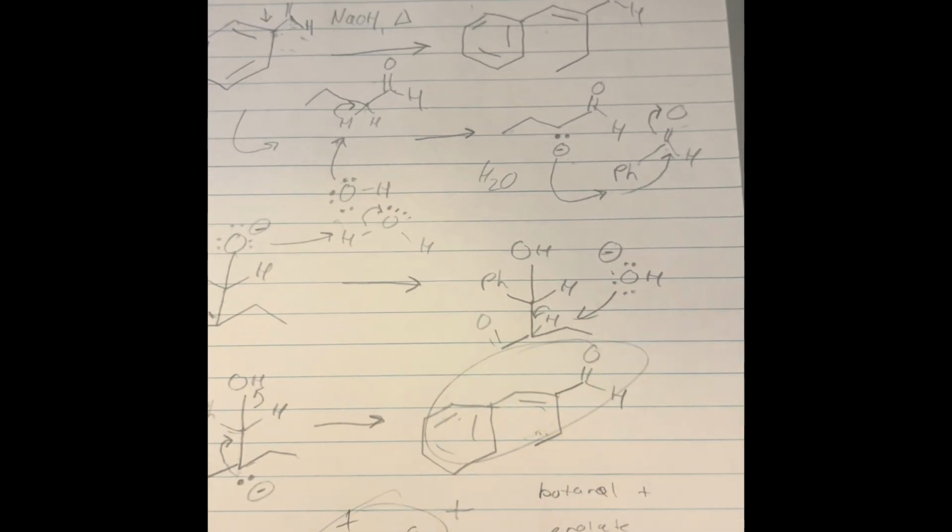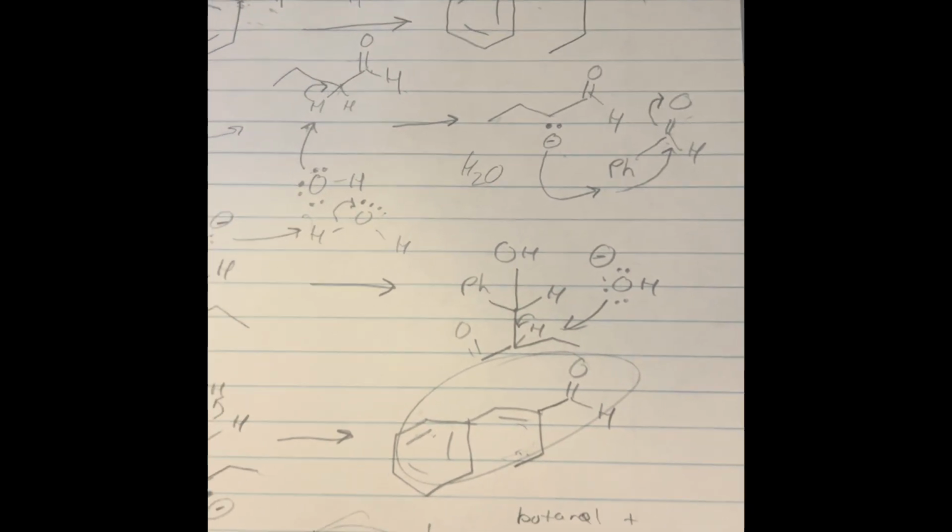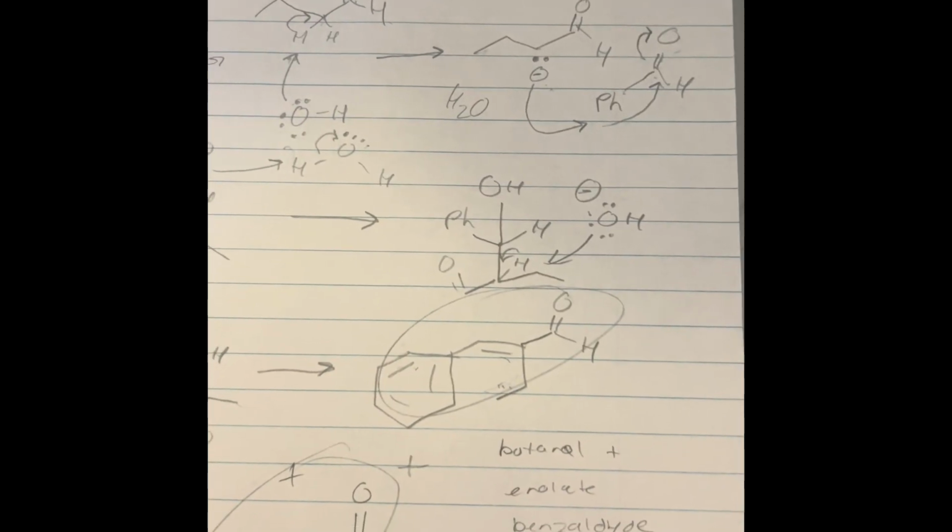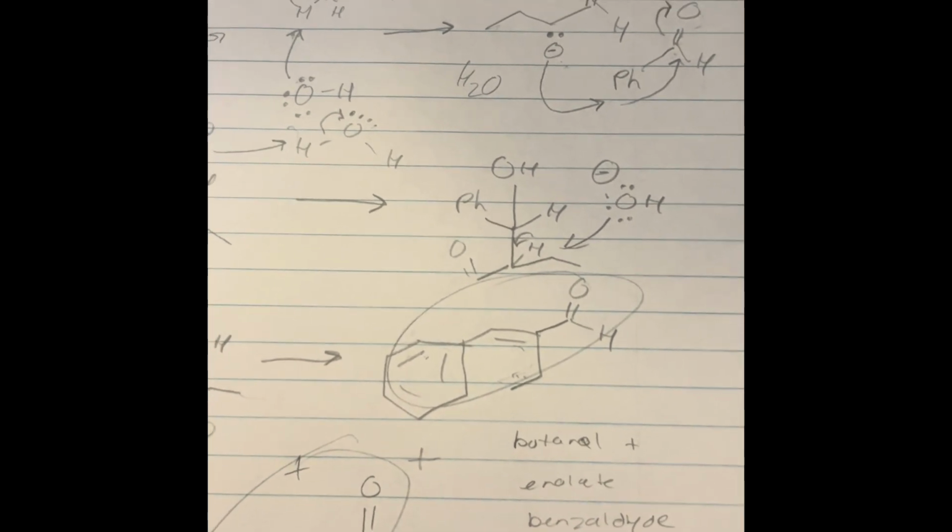The reason why this would be more favored is it's conjugated and stabilized. It's more electrophilic, and it also can form an enolate. The reason why this reaction is added slowly is to avoid self-condensation to form a beta unsaturated aldehyde. So this is the final product that is produced in this reaction.